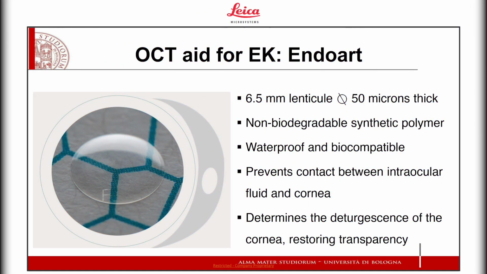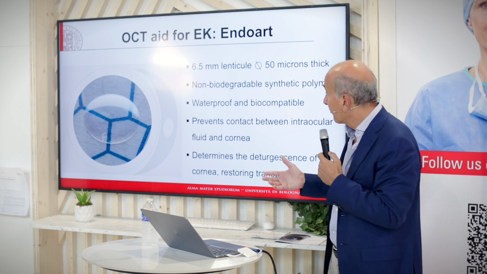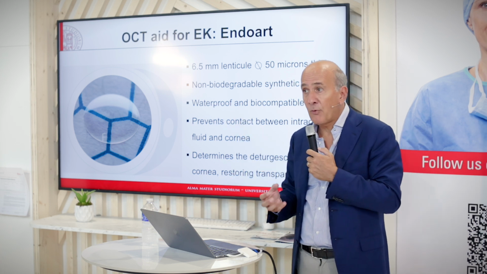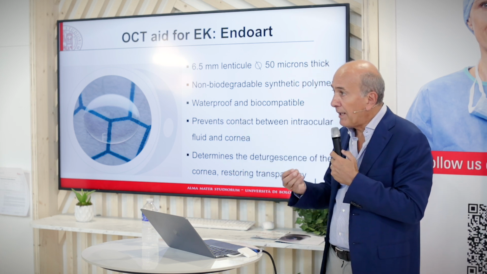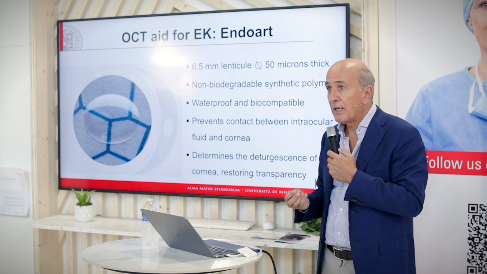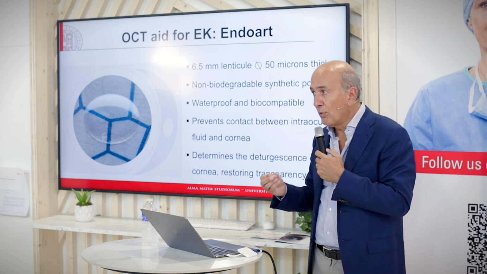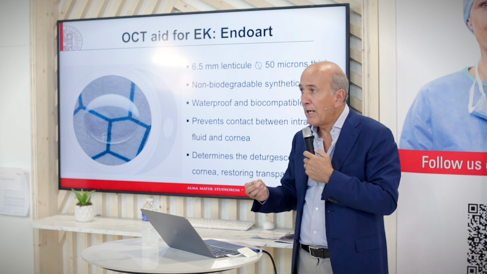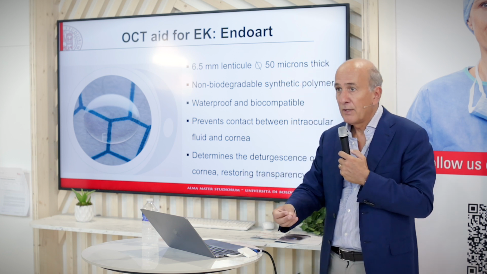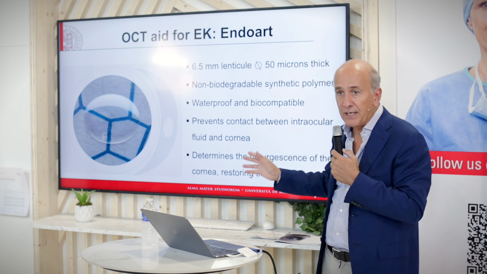Now, the latest introduction is the artificial endothelial membrane, the EndoArt. You probably heard about it. Okay, EndoArt is a piece of plastic, acrylic, that may replace the endothelium in cases where there are little chances that a human donor endothelium may provide a long-term result for complicated cases.